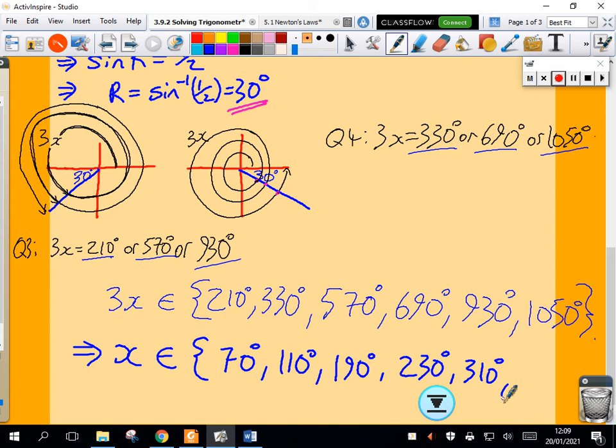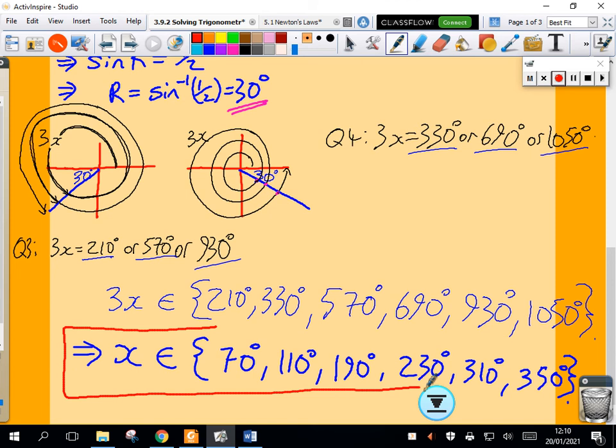And 1050 divided by 3, that's going to be 350 degrees, I think. And there's my answer. Notice there's six solutions in this case to this equation.